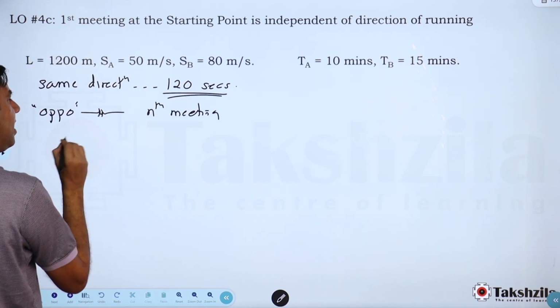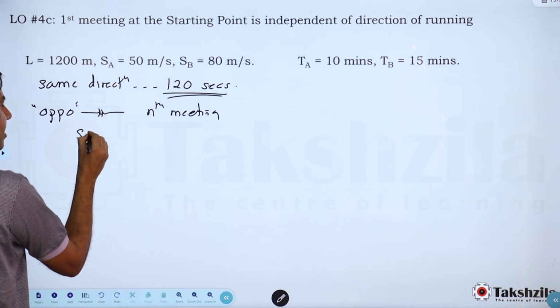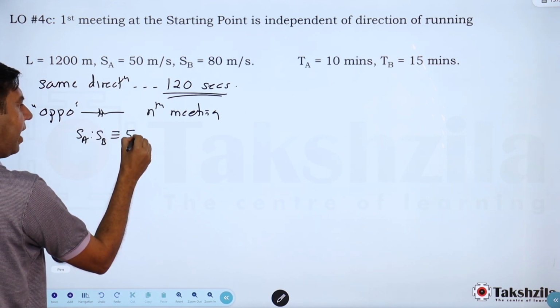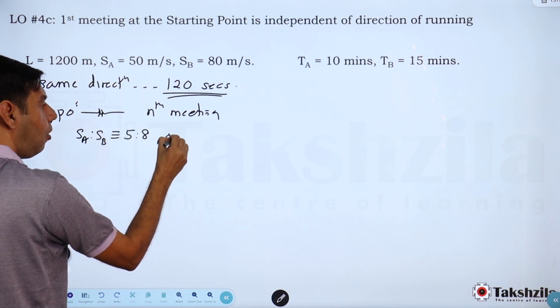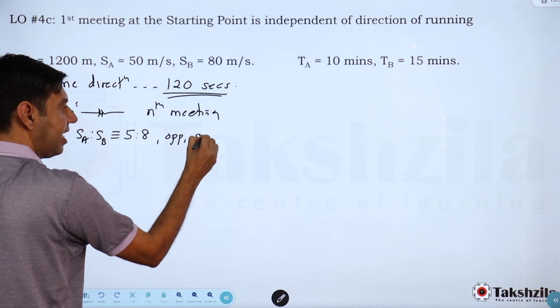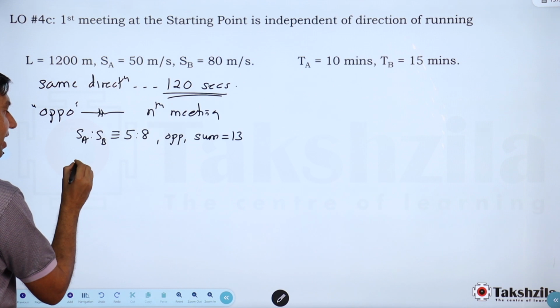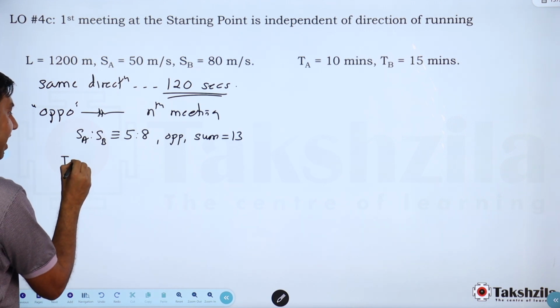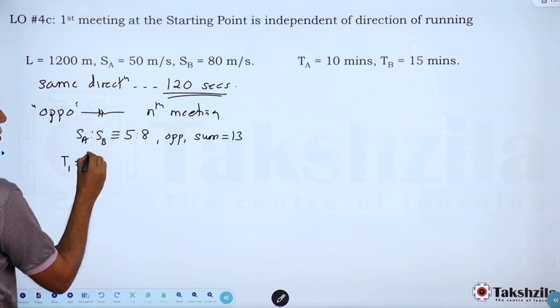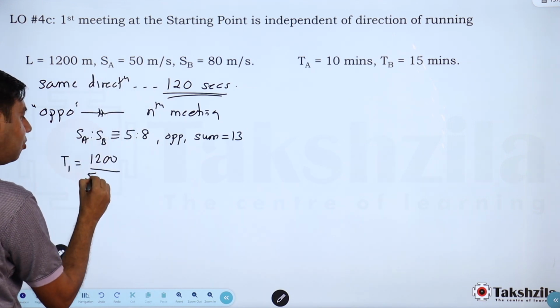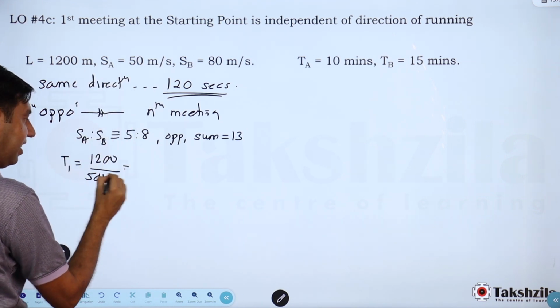So in the nth meeting approach, I take the ratio of the speeds, and the ratio of the speeds is 5:8. But this time they are running in the opposite direction, and therefore I will take the sum, which is 13. So I want the 13th meeting time. Do I know the first meeting time? This time the directions have changed. The relative speed is going to be 50 plus 80, that is 130.